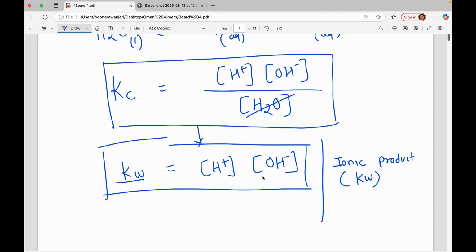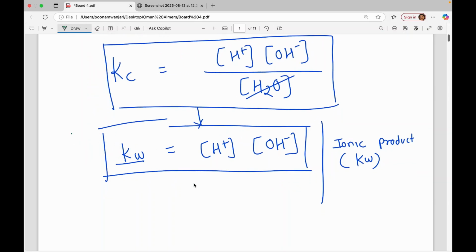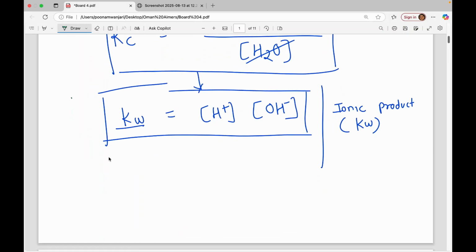The ionic product value depends on temperature. With an increase in temperature, the value of ionic product also increases. So here we will take a value for 25 degrees Celsius.